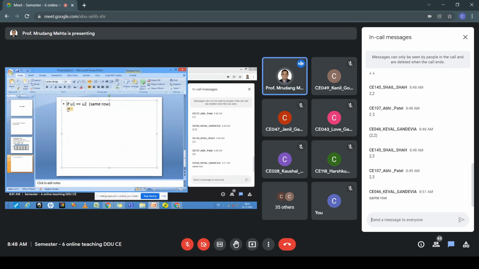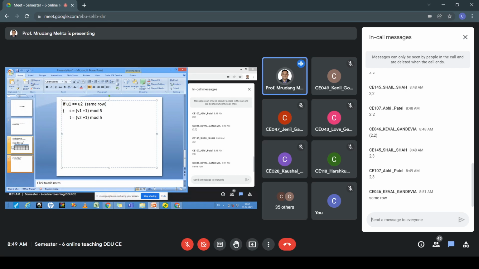So if U1 equals U2, then we have to find the location of the next V. The encrypted value location S is V1 plus 1 mod 5. Because we have a 5 by 5 matrix, we write V1 plus 1 mod 5, and the P value will be V2 plus 1 mod 5, right?